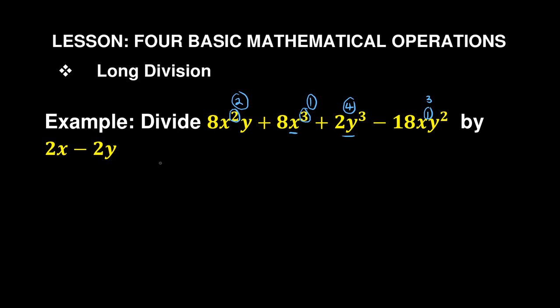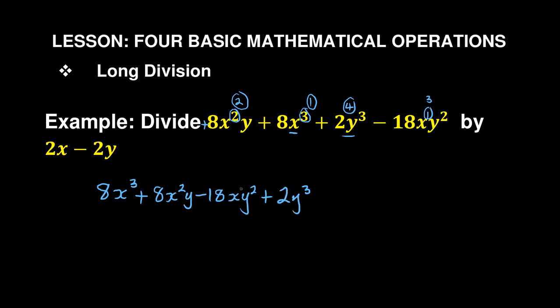So if I rearrange that, I'm going to have 8x cubed, and the second one, because it's 8xy squared, there is a positive sign there, so it will be plus 8x squared y and minus 18xy squared, and then lastly plus 2y cubed.